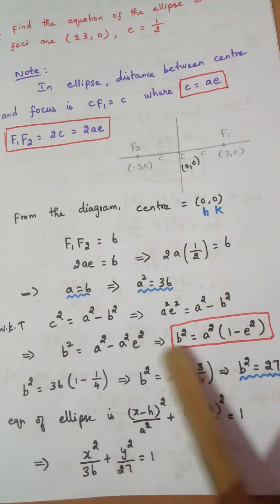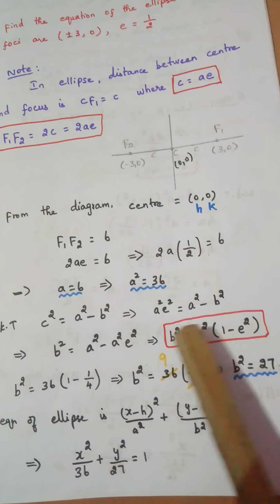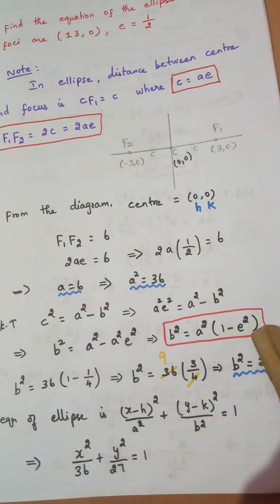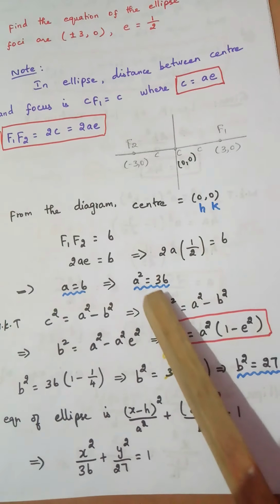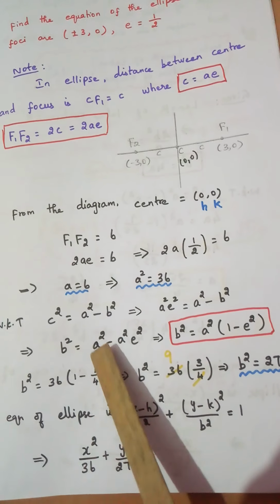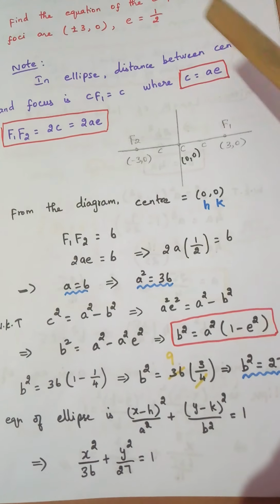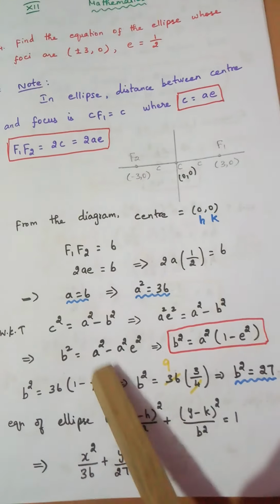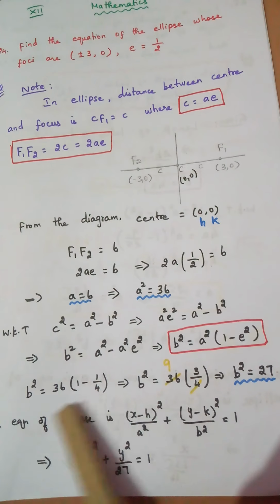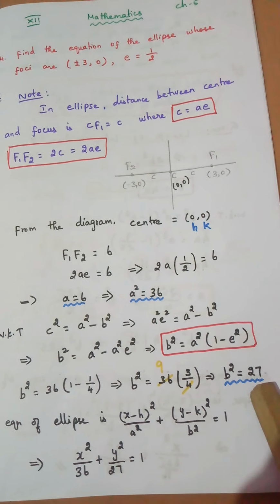So this is the formula that you have to remember: b square is equal to a square into 1 minus e square. A square value we just found out is 36. So in place of a square write 36. e value is given in the question as 1 by 2, so if you square this, the answer is 1 by 4. Simplify and get b square value as 27.